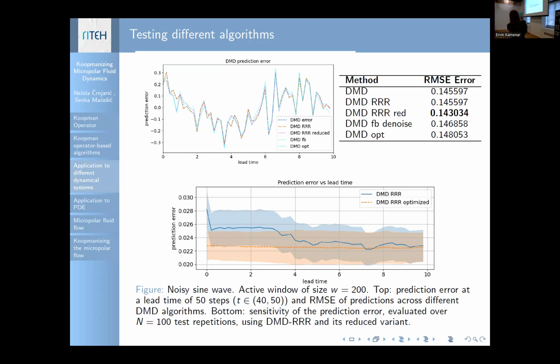The blue one is the mean and the standard deviation for 200 test repetitions of the prediction error for the first, and the orange one for the second approach, and we can see that comparable results are obtained, and also similar STD.